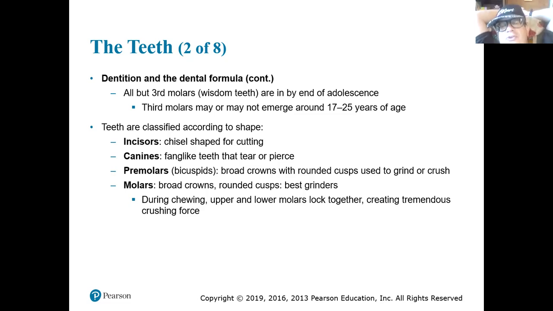Since that includes your wisdom teeth, a lot of people won't actually have 3. A lot of people have 2 because they surgically remove 1 pair as a kid to keep your jaw from overcrowding. Anyway, but 2-1-2-3 is the natural formula for humans. And moving on.